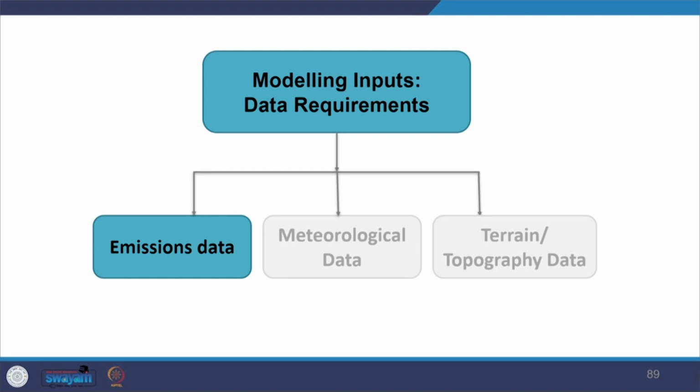All the numerical dispersion models require emission data either in the form of a specified emission rate, for example, the amount of pollutant released per unit of time, or a measure of the level of activity of the source, for example, the amount of fuel consumed cumulatively, with the corresponding emission factors, the quantity of pollutant emitted per unit of the activity.